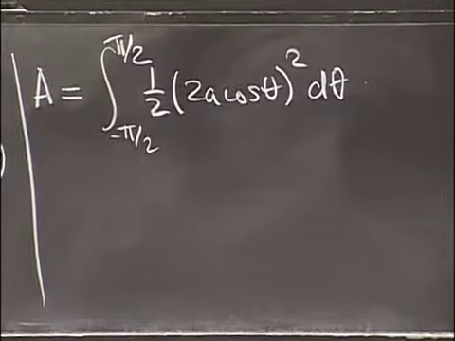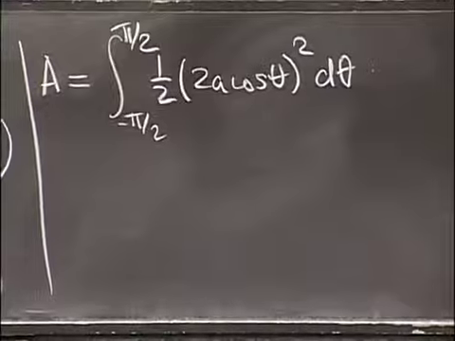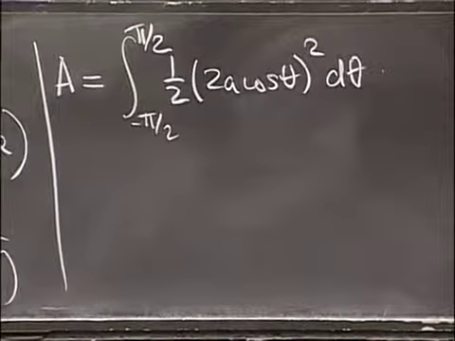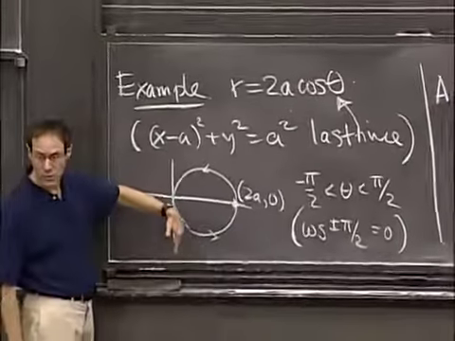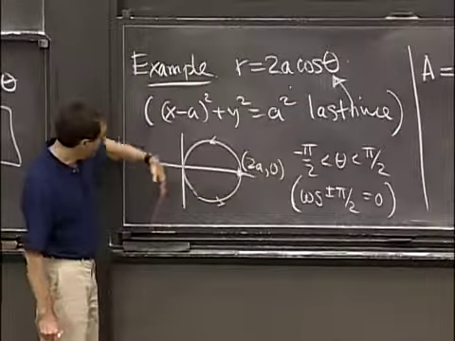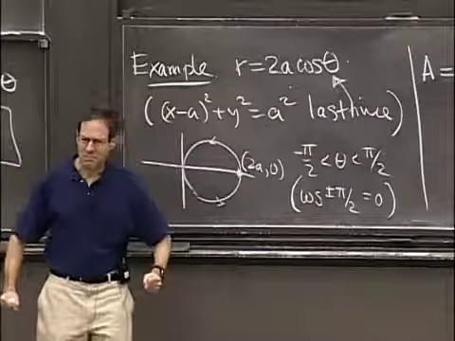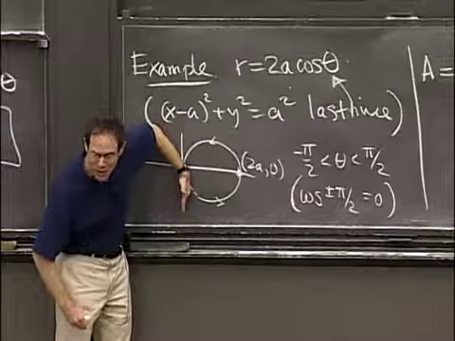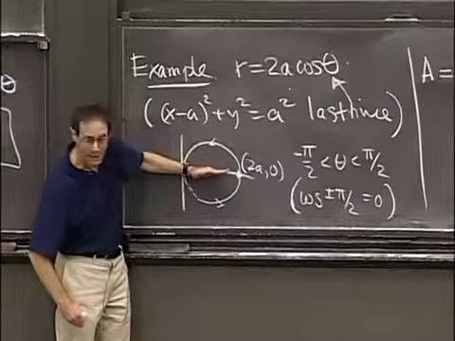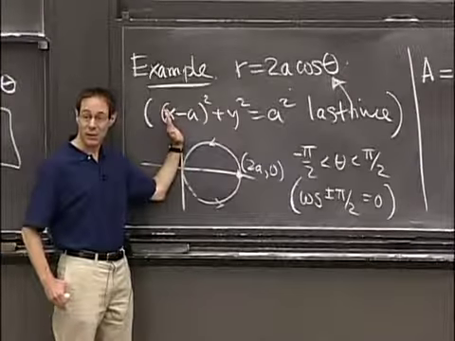Question: how do you know from looking at the picture that you're going from negative pi over 2 to pi over 2? I do it very much with my whole body. I say, here I am pointing down, that's negative pi over 2. I sweep up, that's 0, and I get all the way up to here, that's pi over 2.